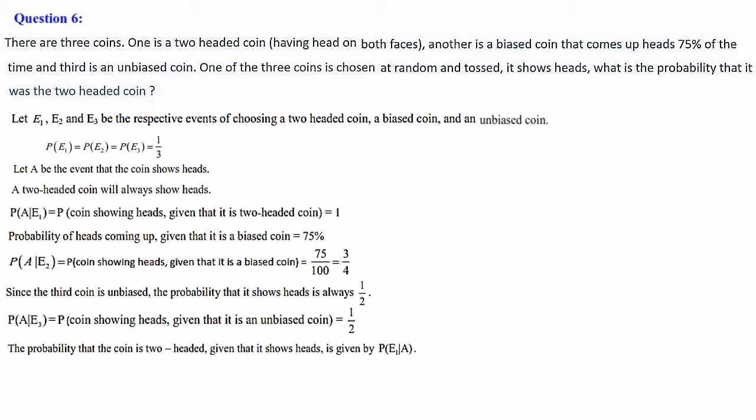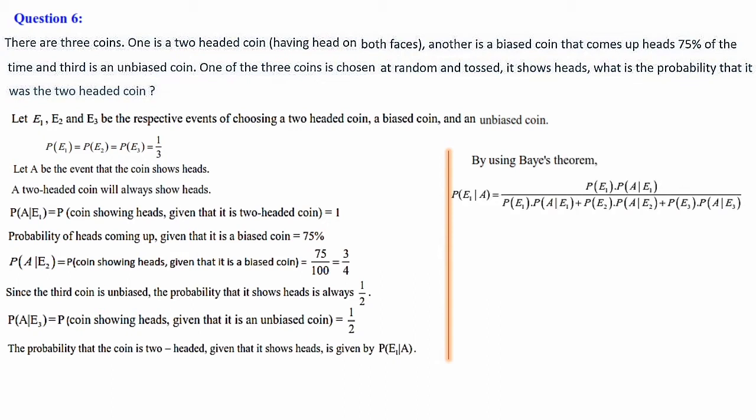That is the probability of E1 given A we have to calculate by using Bayes theorem. We can write the formula. P of E1 given A is equal to P of E1 into P of A given E1 divided by the total probability, that is P of E1 into P of A given E1 plus P of E2 into P of A given E2 plus P of E3 into P of A given E3.